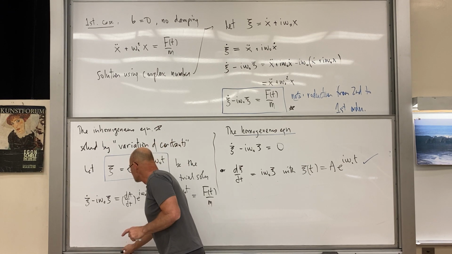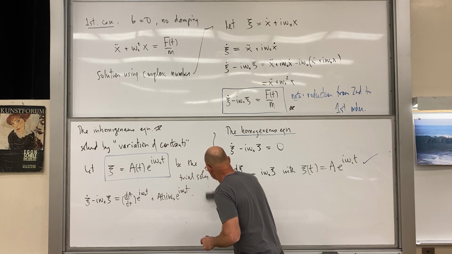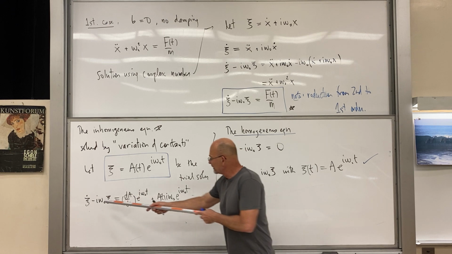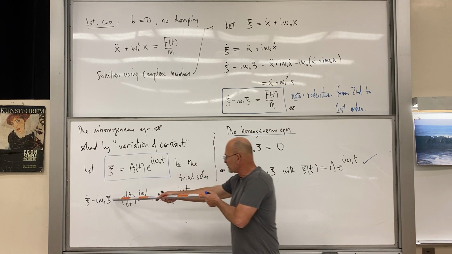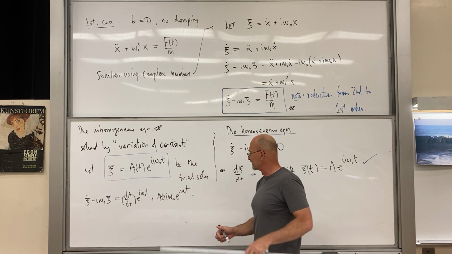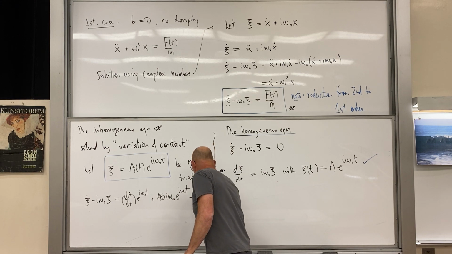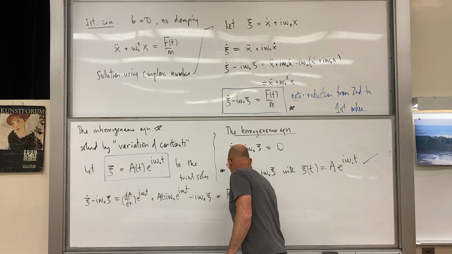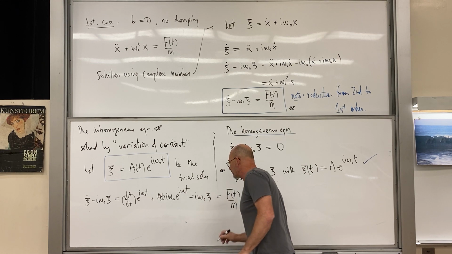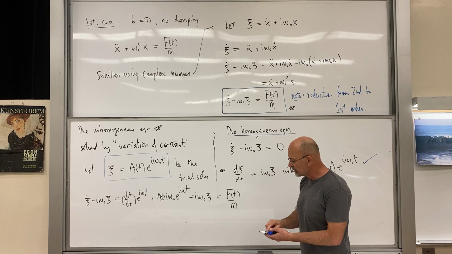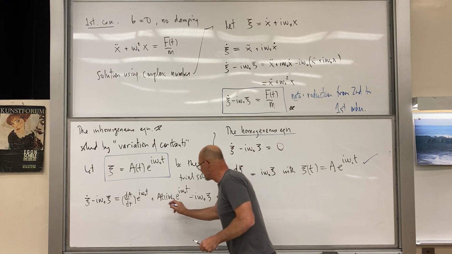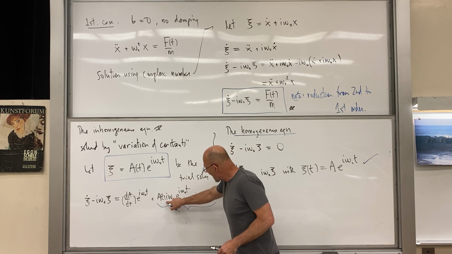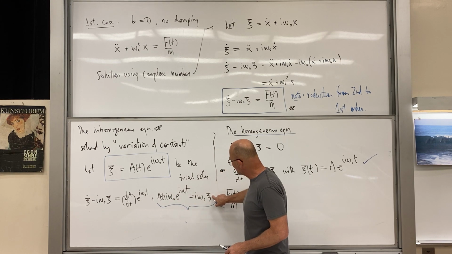Oh, not so fast. So that was just the first term here. So now I have to subtract off minus i omega naught c. Minus i omega naught c is equal to f of t over m. But what you'll notice is that this is i omega naught times c.